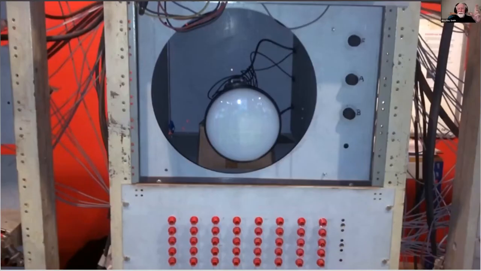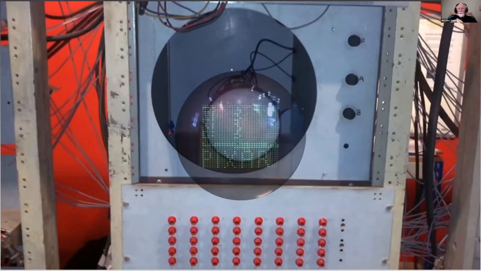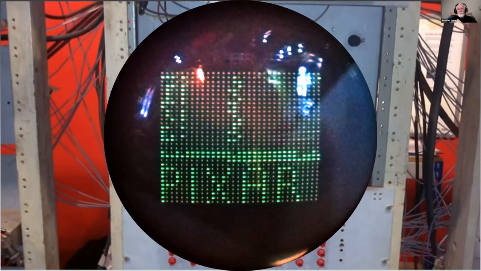I went to visit Baby in Manchester, England in 2013. And this is Baby. It's one rack of equipment. It's lots of racks. And this is on its display. And the word Pixar was scrolling to the right.